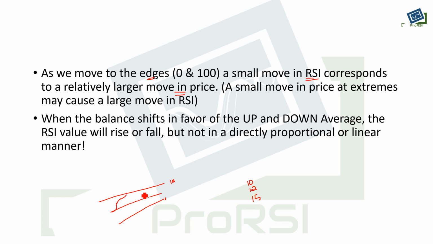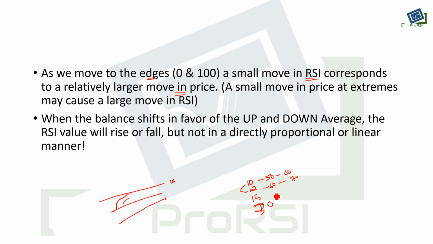And to take it from 80 to 90, say 30 points. We are moving 10 points on the RSI itself from 50 to 60, but when we move a level up from 60 to 70, the price needs to move more to take RSI to another level up. Before it was 10 points, now it is 12 points.